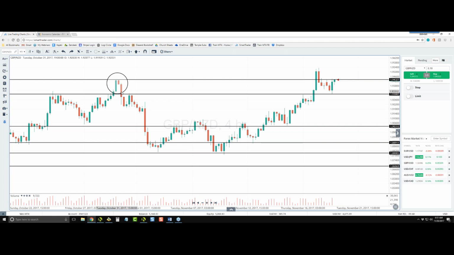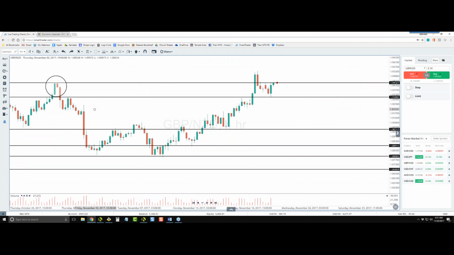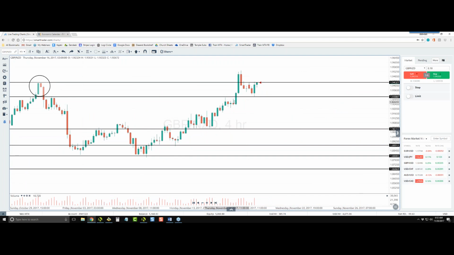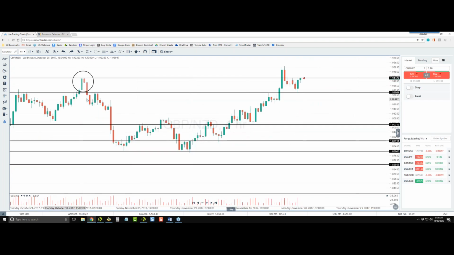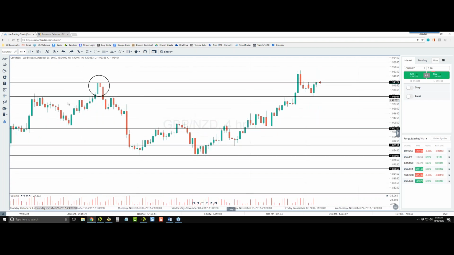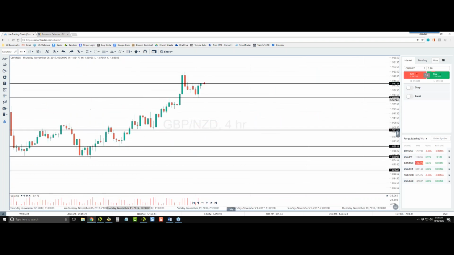It broke it, came immediately back down below it, tested that resistance level again, came back up, tested it again, and then finally broke the resistance level, and then the next resistance level. Then it came immediately back down, and that resistance level from way back here became our support, because it was tested quite a few times. So we consider that a more relevant level at that point.